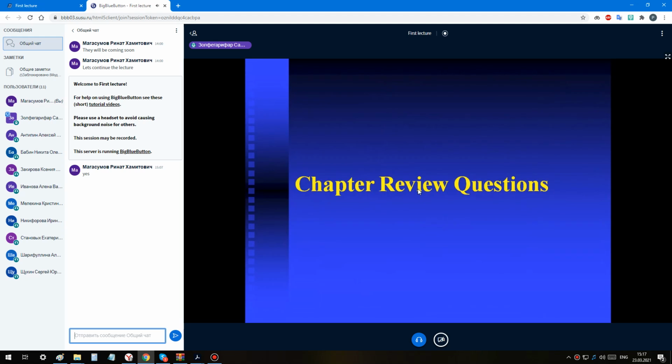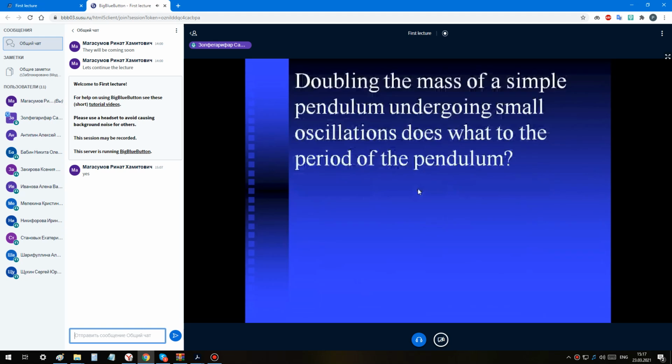Now we have the review questions. First question. Doubling the mass of a simple pendulum undergoing small oscillation does what to the period of the pendulum?